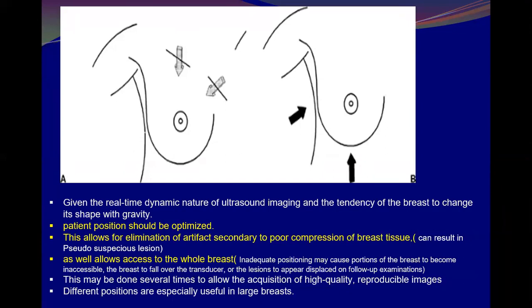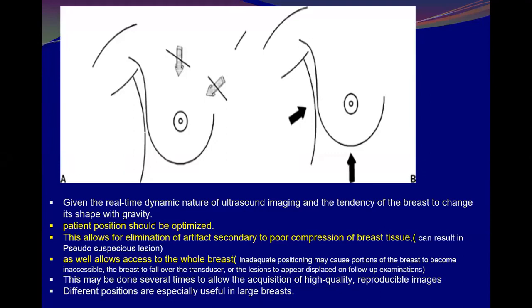Definitely, ultrasound examination is real-time and dynamic in nature, and the patient is moving, so the breast, since it is pendulous, is also going to move during the scanning. And this will affect the examination and the image quality.